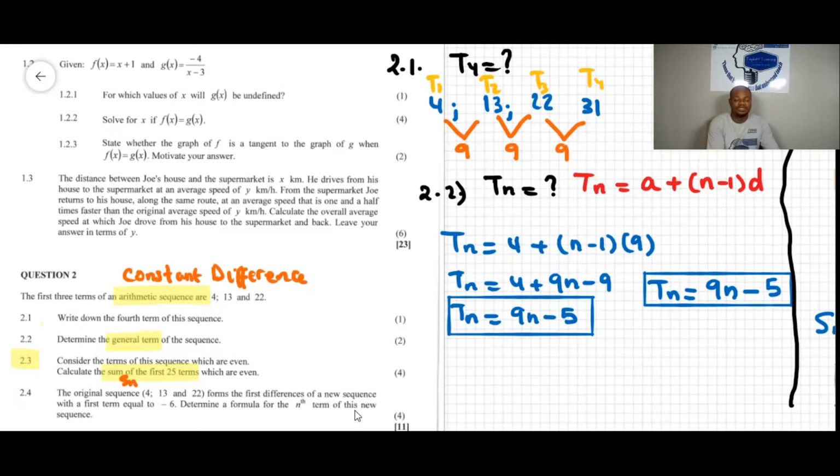Determine the formula for the nth term of this new sequence. Here the question wants us to find the nth term, so we're looking for Tn.